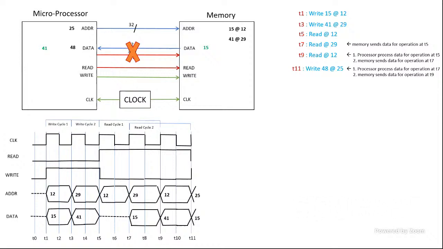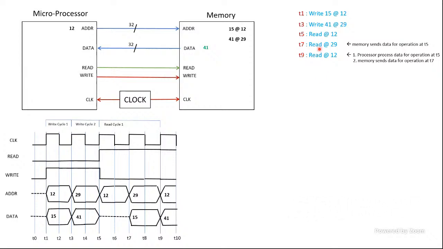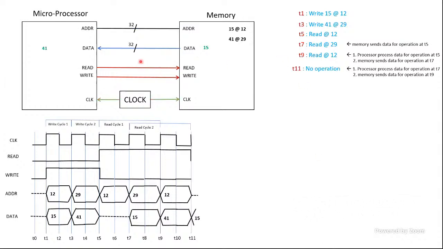Let's step back to T9. T9 operation and T10, step back one step. If we need to issue a write operation, at this point we need to do nothing. Let it just complete those operations. Let the microprocessor consume the data, let memory complete sending the data over to the microprocessor, and then after that, at T12, nothing interesting happens.